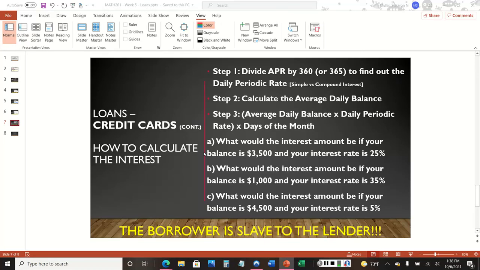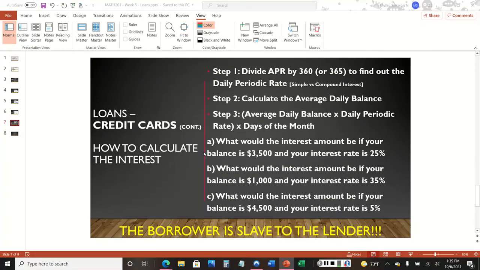It's not good. So we're going to look at how credit card companies calculate how much interest they charge you every month. And again, that interest is added on to the amount of the balance. So whatever you borrow or whatever you charge using your credit card, if you don't pay that bill off in full by the due date, you're going to have to start accumulating interest over and over again.